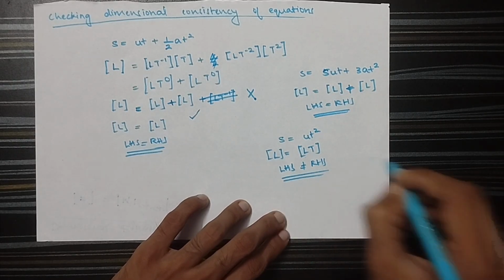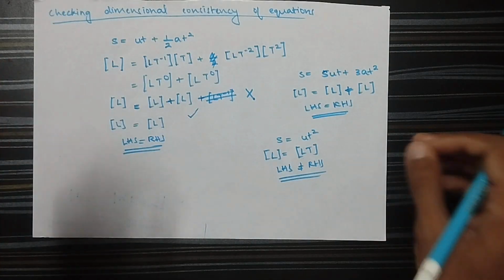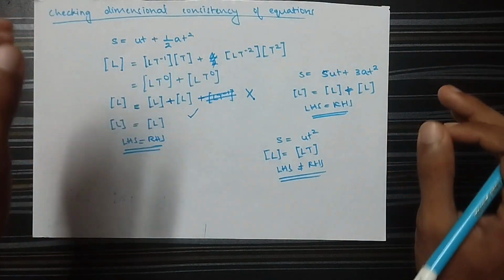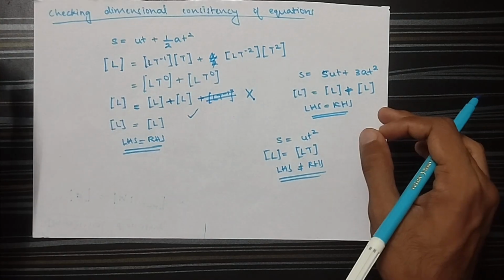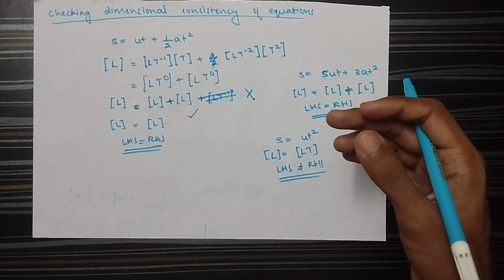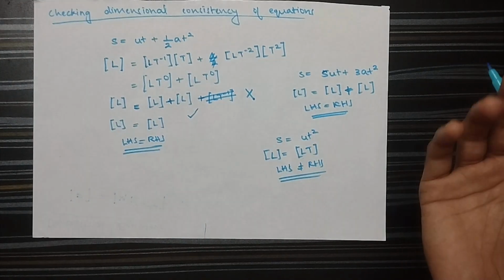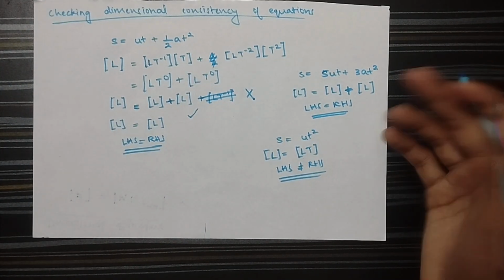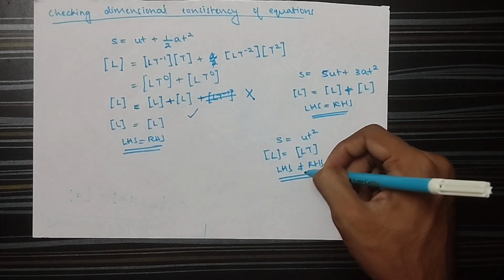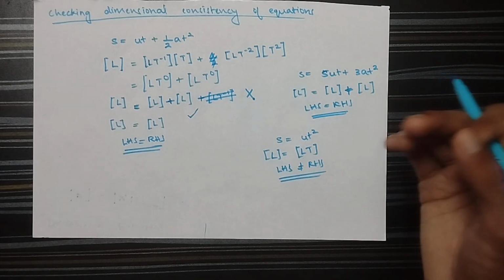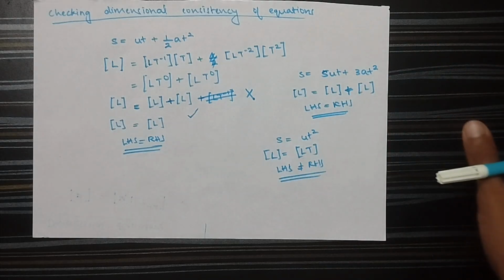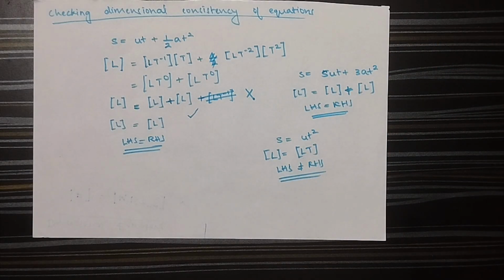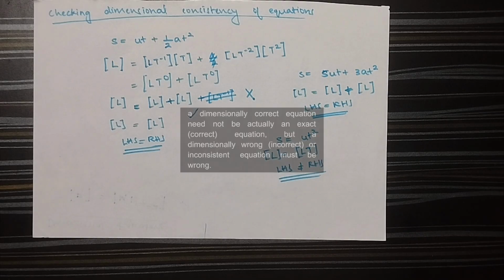Then we can say the equation is totally wrong. Even if it's dimensionally right, it cannot be guaranteed a correct equation, as we saw here. But here it is dimensionally wrong itself, so that means that equation is totally invalid. So that's what I said: if an equation fails the consistency test, it is proved wrong.